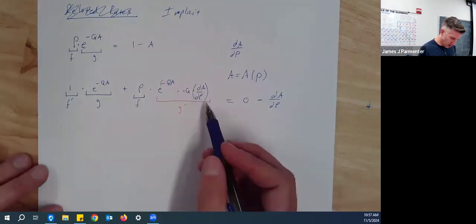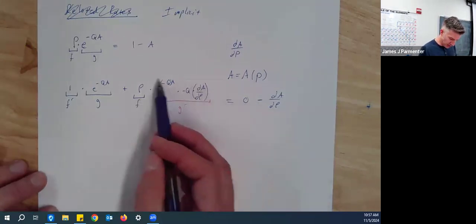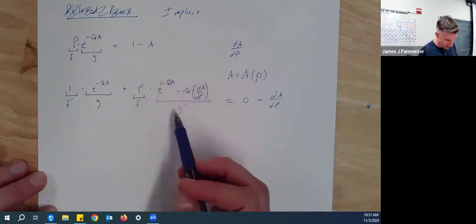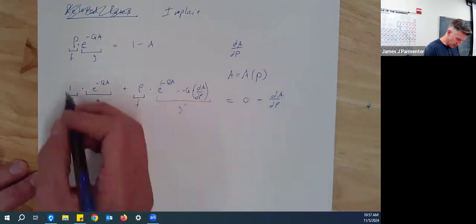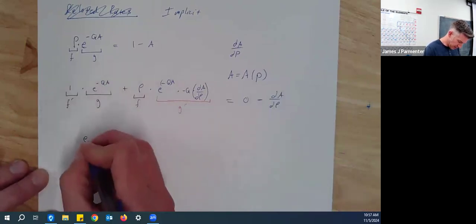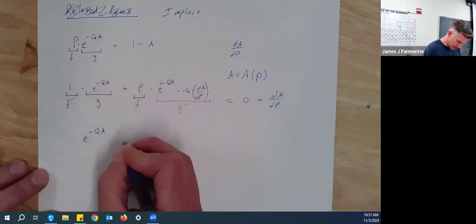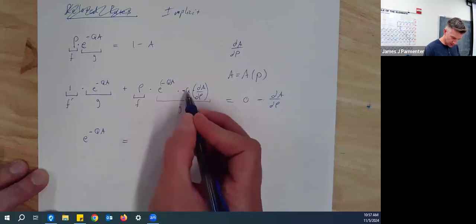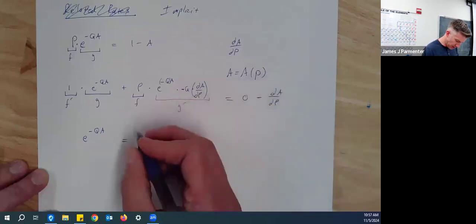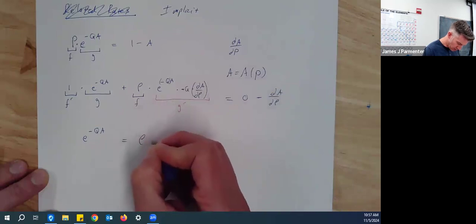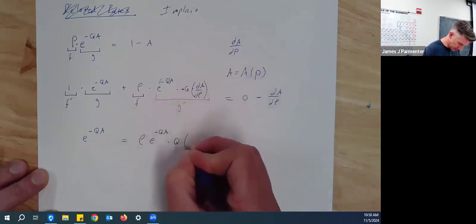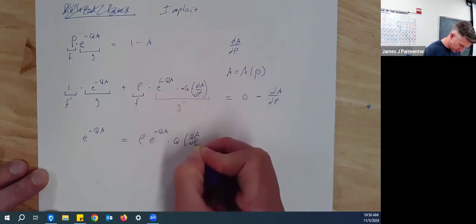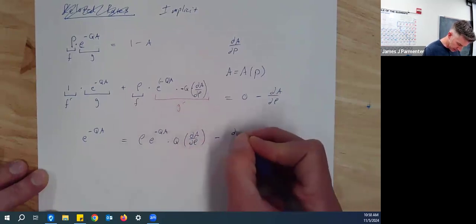So I'm collecting my derivative of A terms on one side. I'll bring all this over to the other side. So I have e to the negative QA equal to, that minus sign turns this whole thing positive, so it's positive rho times e to the negative QA times q times dA/d rho, minus dA/d rho.